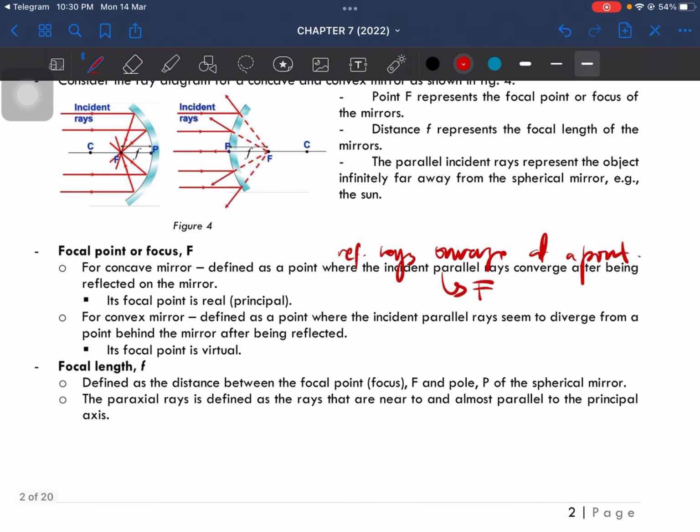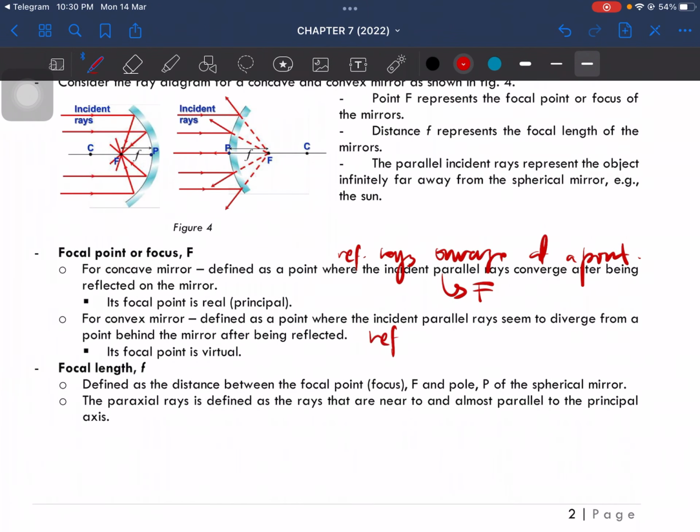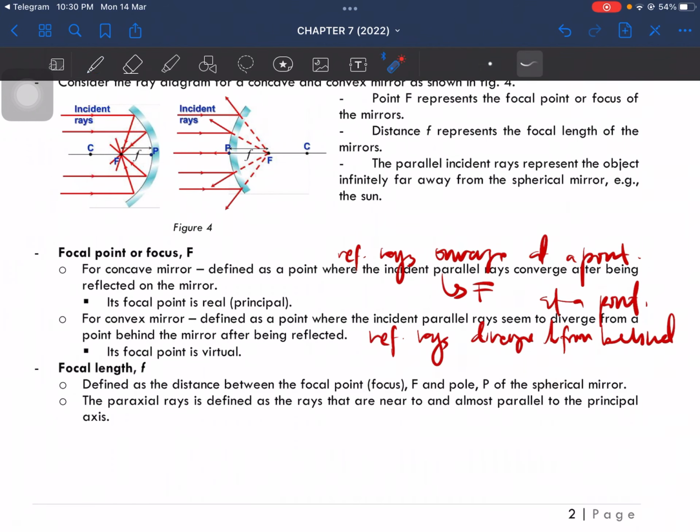And for the convex mirror, it is defined as the point where the reflected rays diverge from a point behind the mirror. So the reflected rays diverge from behind. This one is in front, and for the convex mirror, it forms behind the mirror.